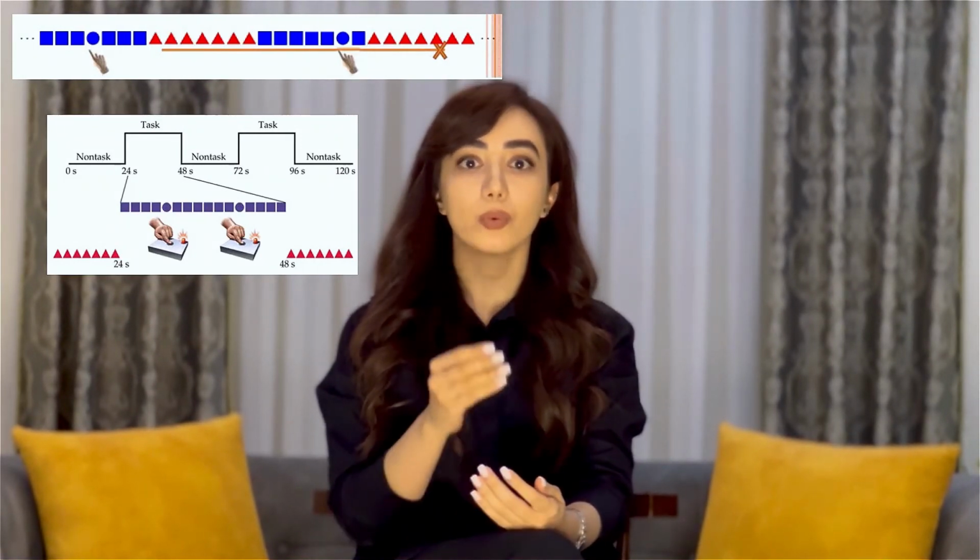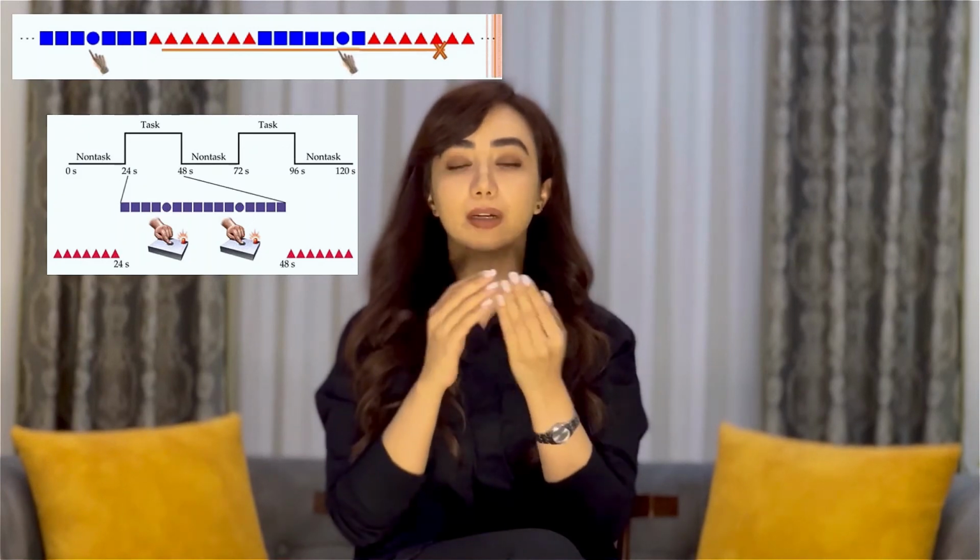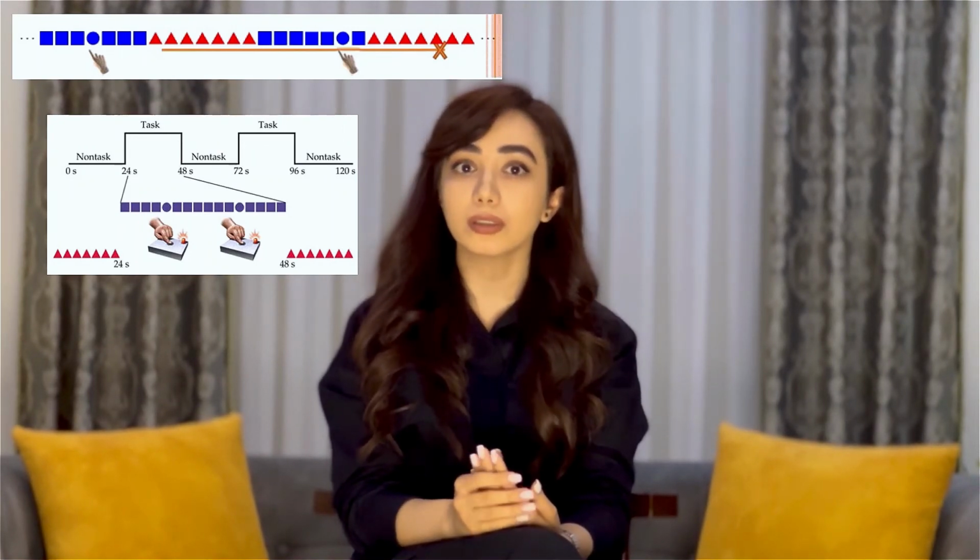For instance, as you can see in this picture, there is a task that asks subjects: whenever you see the triangles, do not do anything, rest state. And whenever you see circles or squares, pay attention. And as soon as you see a circle, click the button.